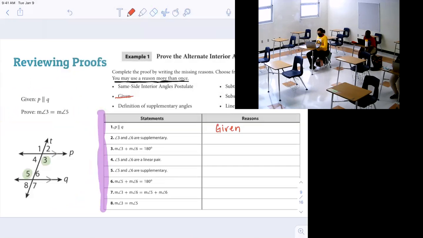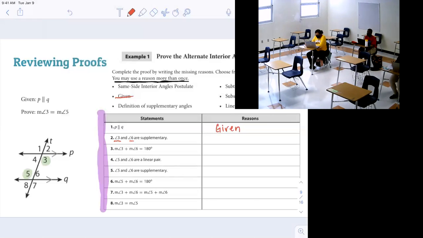If you know it, I'm going to give everyone 15 more seconds to look through that list. All right, so which of those definitions states that angle 3 and angle 6 are supplementary?